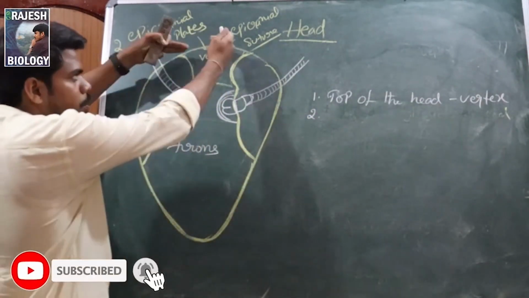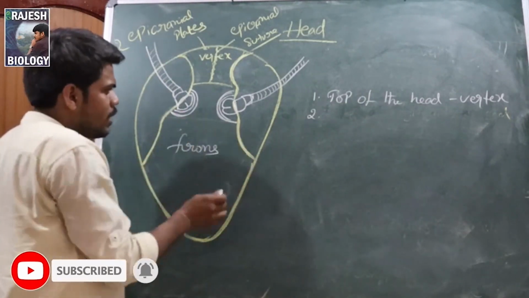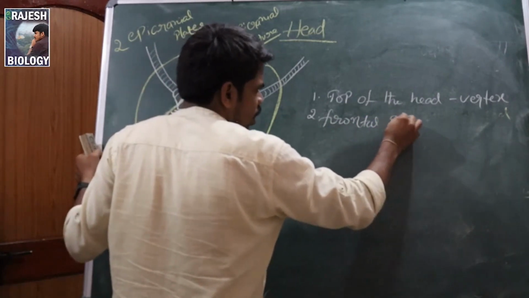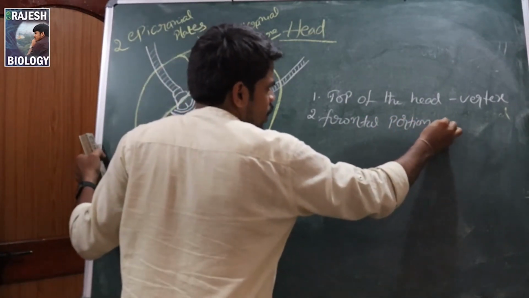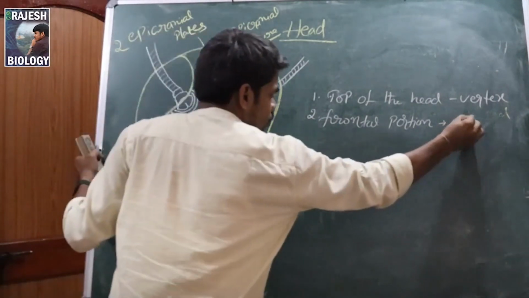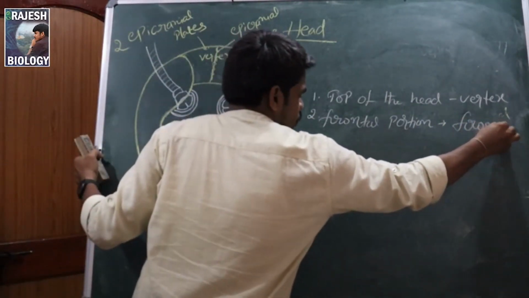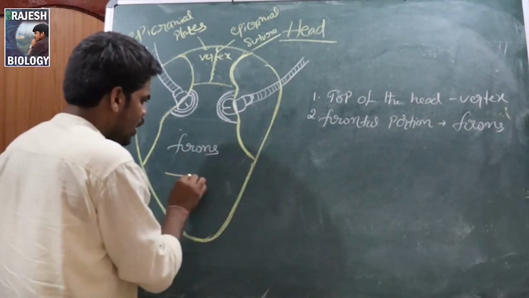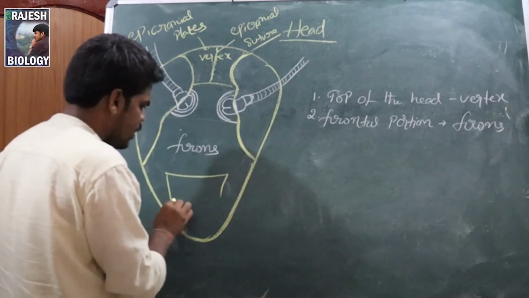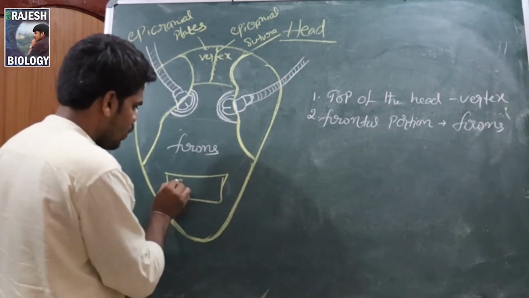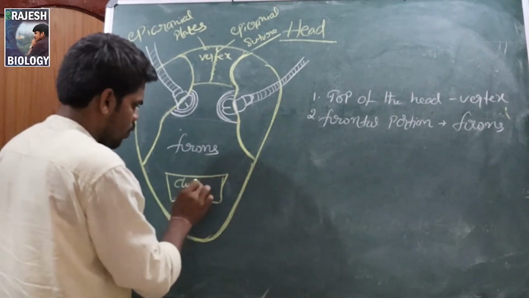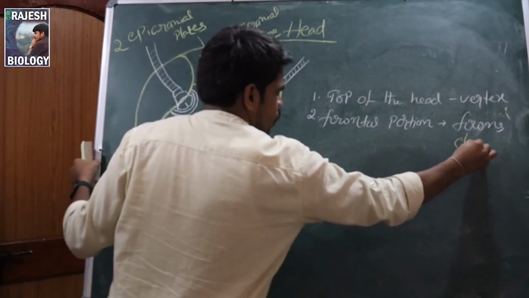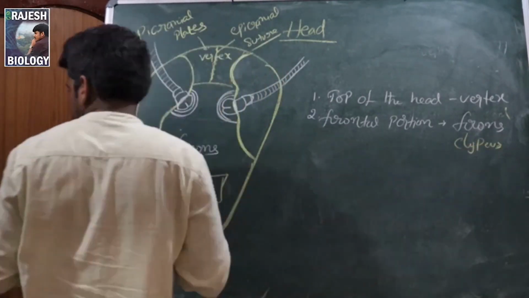The frontal portion is covered by, the frontal portion of the head is formed by the frons and clypeus. It is the frons and the clypeus.